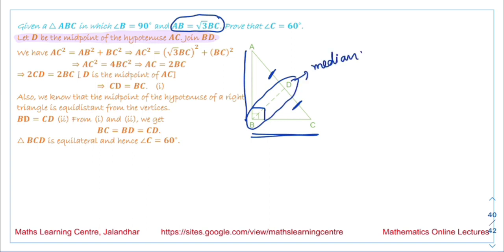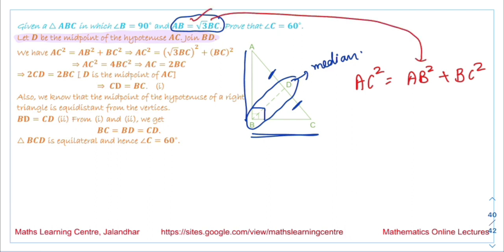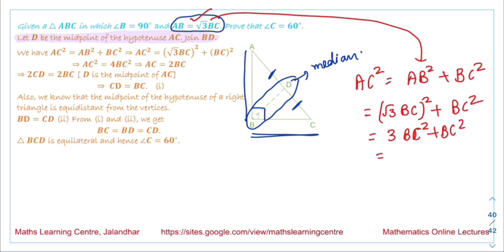Now for the triangle ABC, what we have is AC square is equal to AB square plus BC square. Now the value of AB is given as root 3 times BC, so AB square is 3 times BC square, plus BC square, which is equal to 4 times BC square.